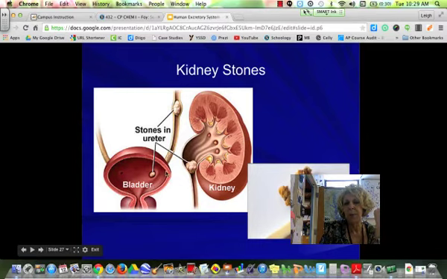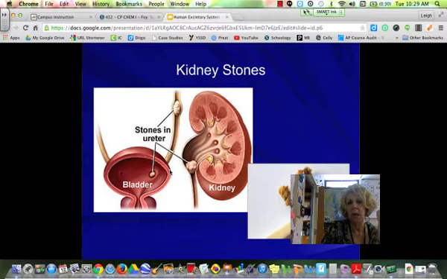Sometimes people suffer with a very painful condition called kidney stones. Kidney stones can vary in size, but the tubes leading from the kidney to the ureter and then into the bladder and out the urethra are very small. And so sometimes little mineral salts can form, and some people have genetic tendencies towards this.